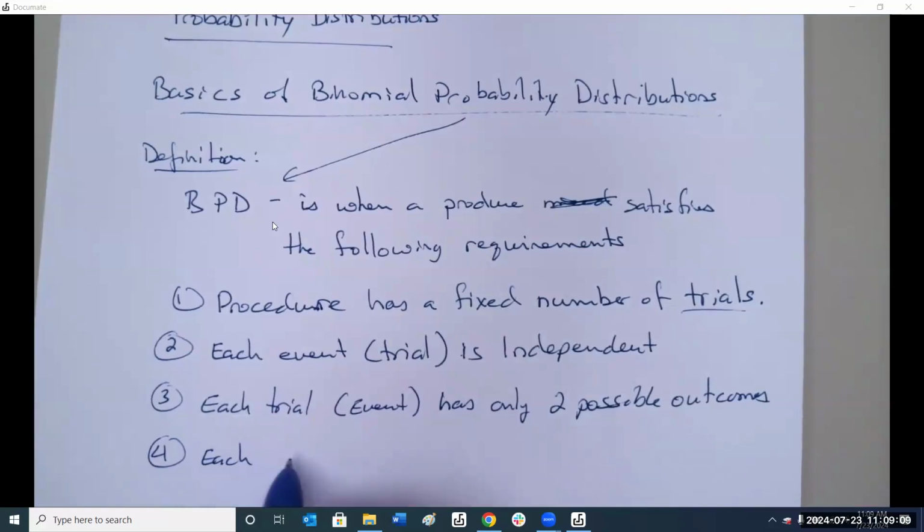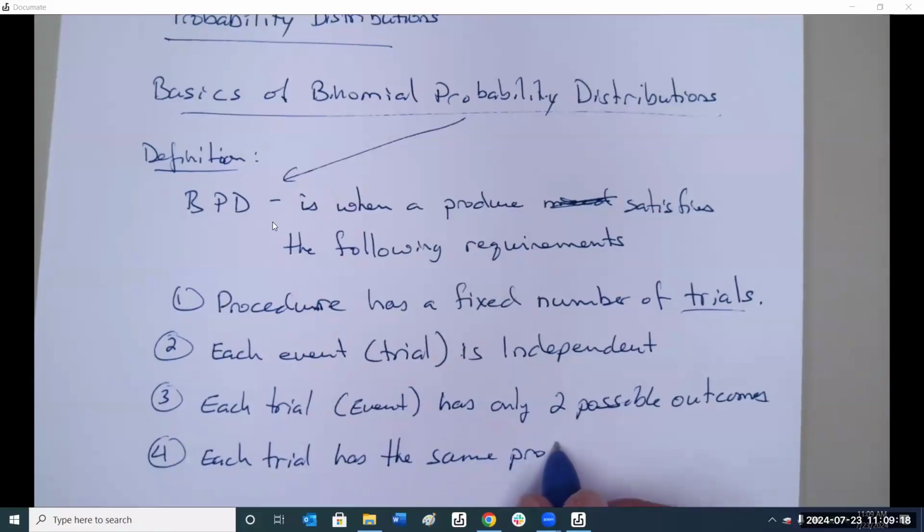And four, each trial has the same probability.